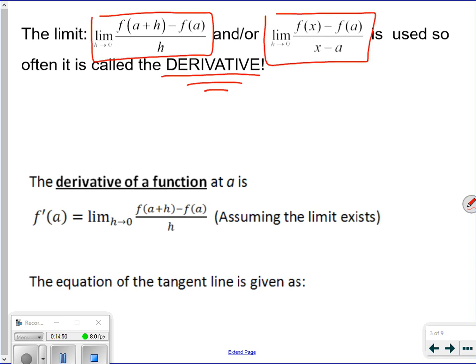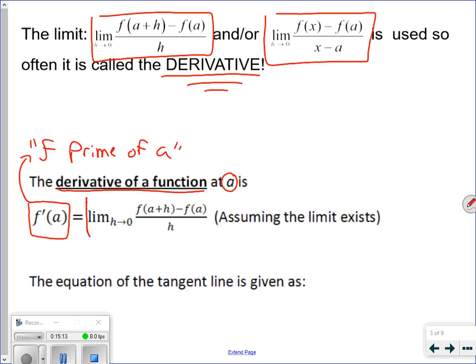Okay? So, the derivative of a function at a is notated as this right here. A way of saying this is saying f prime of a. If I say f prime of a, that is another way of me saying this formula right here, okay?